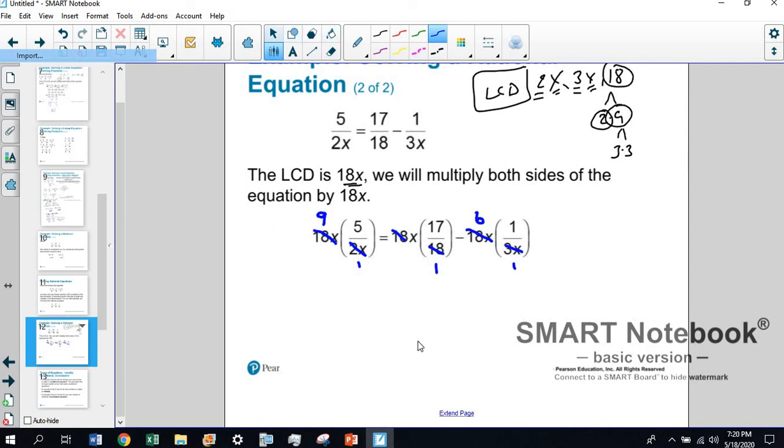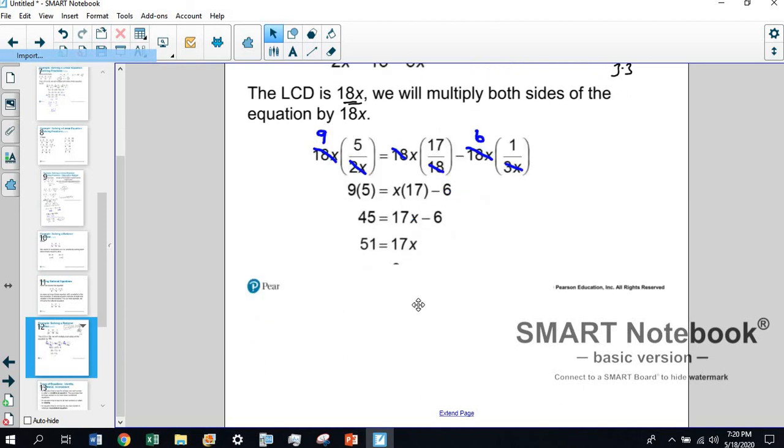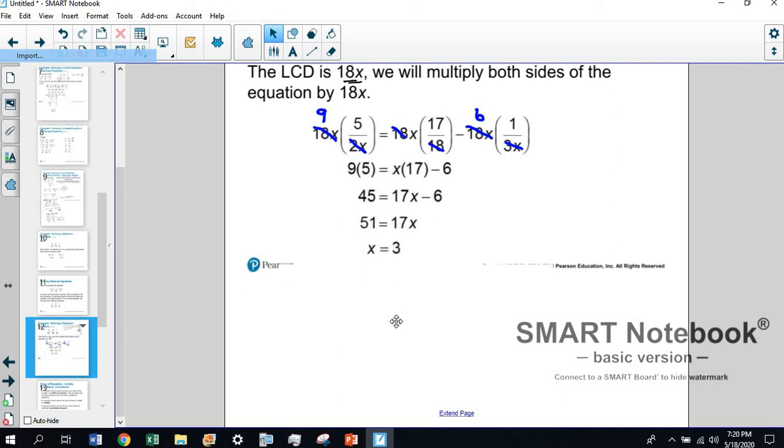If you follow after that, you'll see that you get 9 times 5 equals x times 17 minus 6. Simplify and add 6 to both sides. If you add 6 to both sides right here, you're going to get 51 equals 17x, and then divide everything by 17 to get x equals 3. Now they took this to the other side.